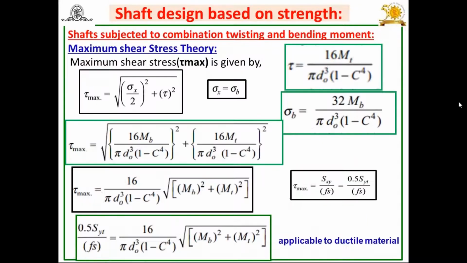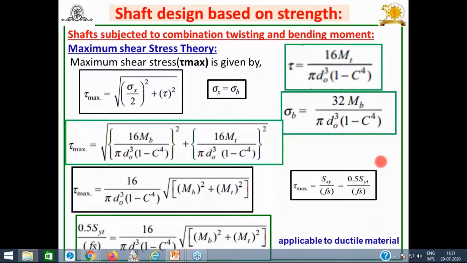After that, what you have to do? Generally, you will find, and as per our yesterday's discussion, shaft is subjected to combined twisting moment as well as bending moment. And when it is subjected to combined axial, bending, twisting, so what is the criteria? So yesterday we have used Mohr circle to find out the principal normal stress, that is sigma 1, and then tau max.